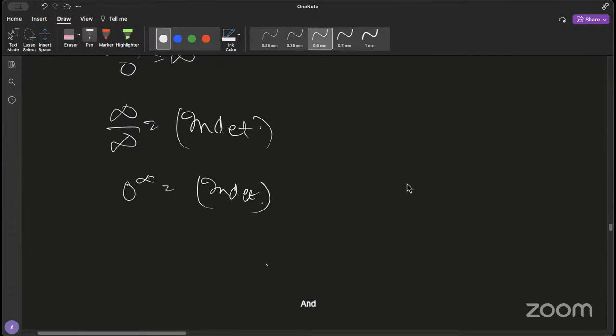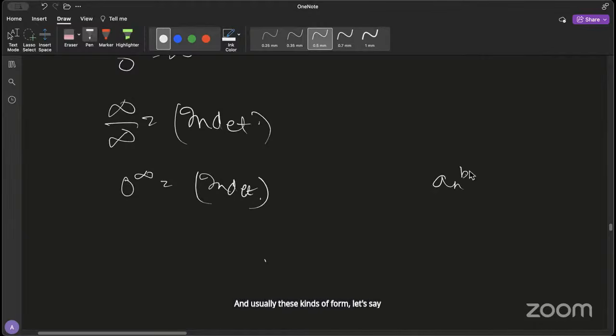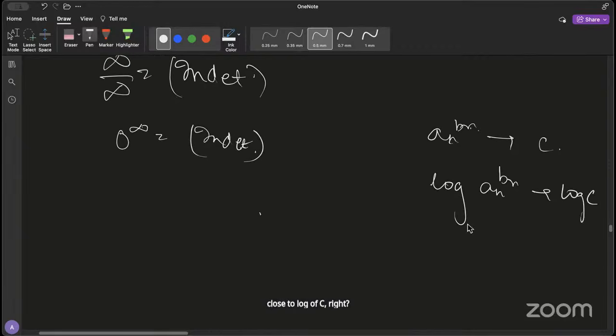And usually these kinds of forms, let's say you have an to the power bn, where an is going to 0, bn is going to infinity, is convertible to an infinity by infinity or 0 by 0 form. How do we do that? You can just simply use log here. So let's say this is going to some c, then log of an to the power bn goes to log of c, right? And then this will be bn log an going to log c.